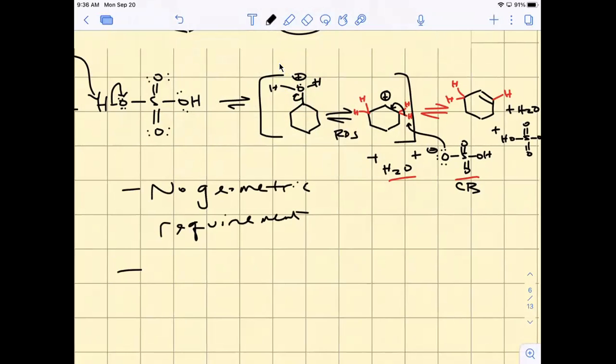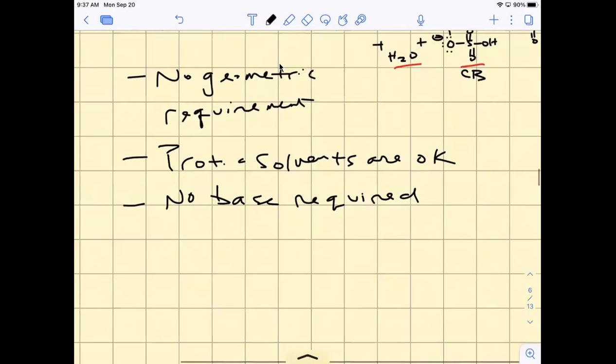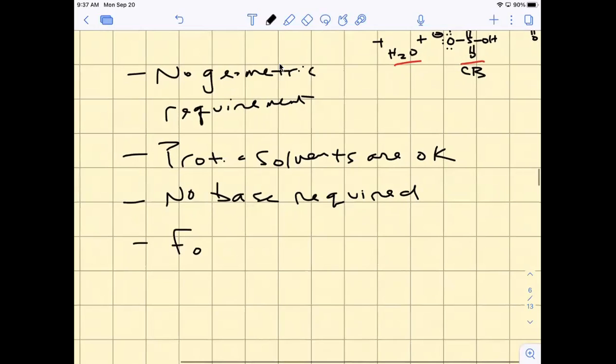You can do it in protic solvents, and then you don't need a base, right? And it follows a similar pathway to SN1.